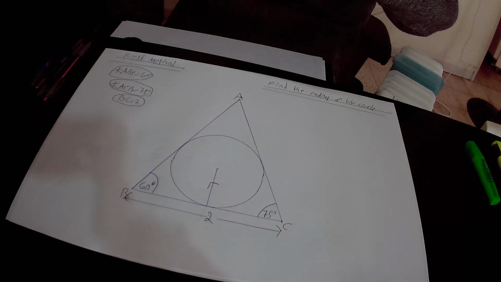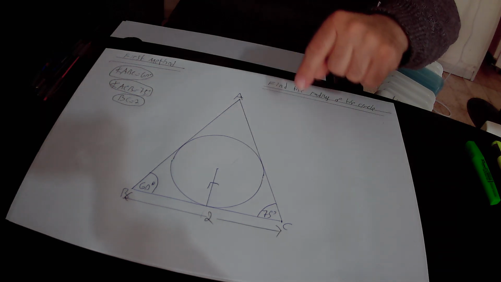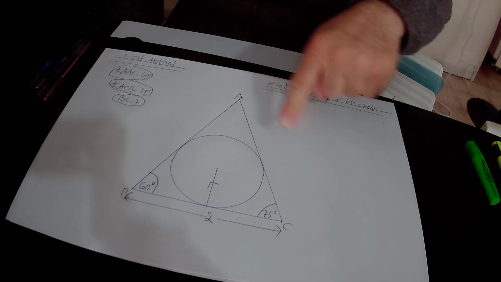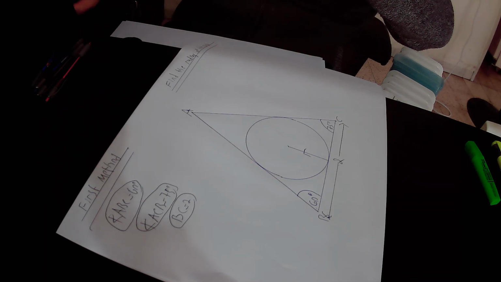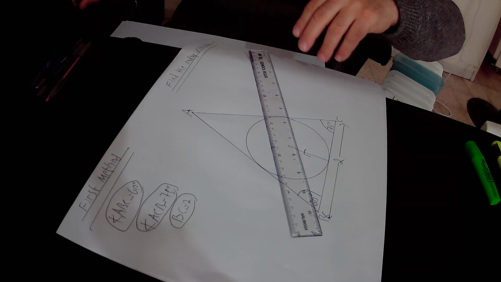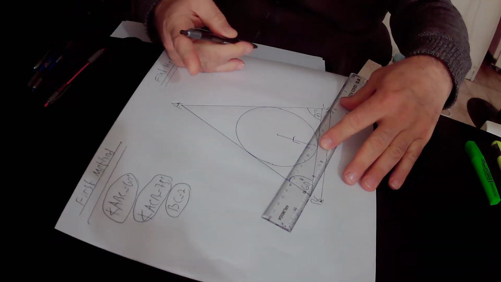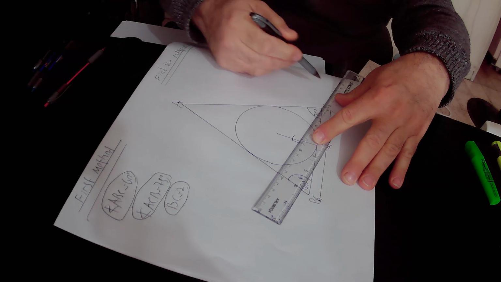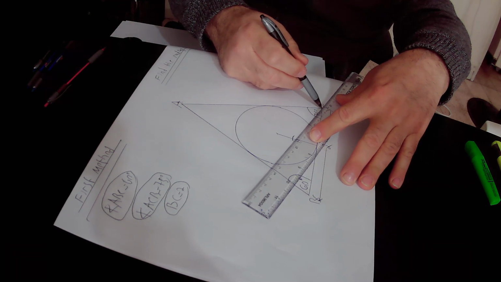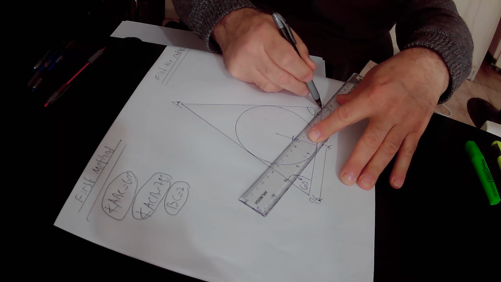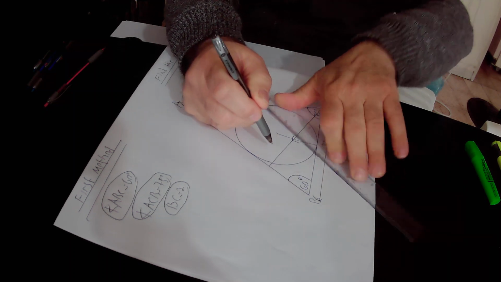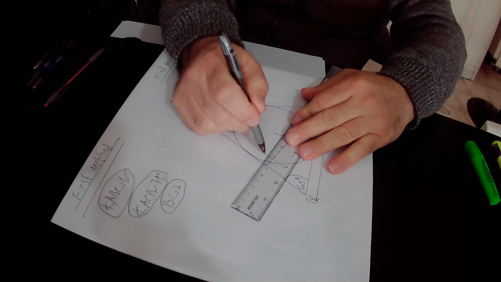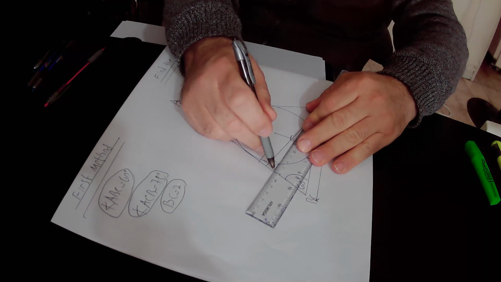So we start with the first method, and we'll do a construction. That is to say, from point C, we'll draw a perpendicular on side AB. So this angle equals 90 degrees, and this angle equals 90 degrees according to our construction.